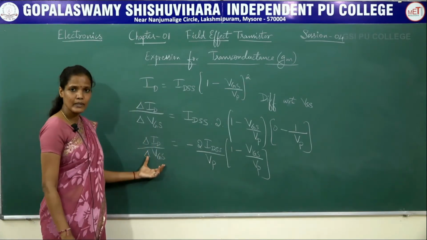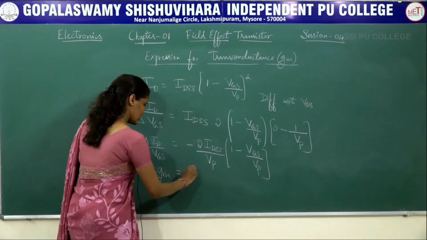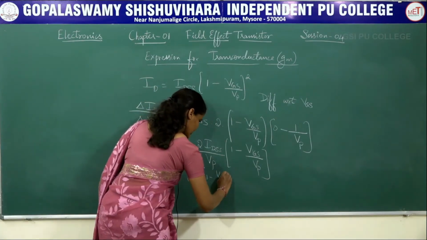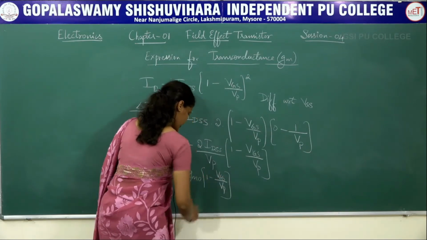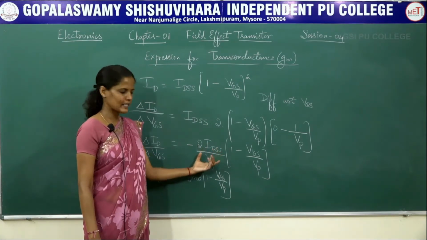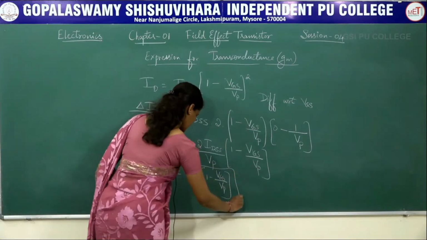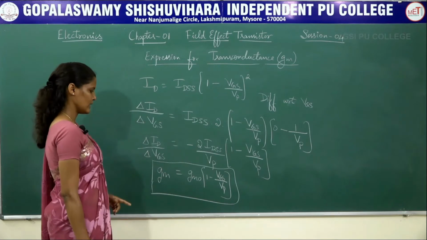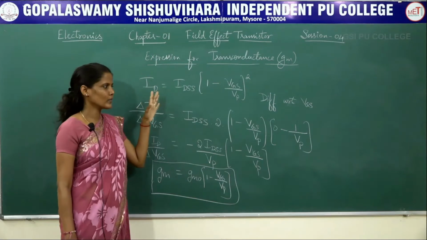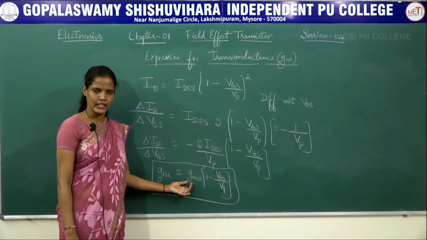But delta ID by delta VGS is nothing but transconductance, that is GM, which is equal to GMO of 1 minus VGS by VP, where GMO is nothing but minus 2 IDSS by VP. So this is the relationship we get for the transconductance GM. We differentiate this particular expression with respect to the gate to source voltage, and then we end up with this expression.